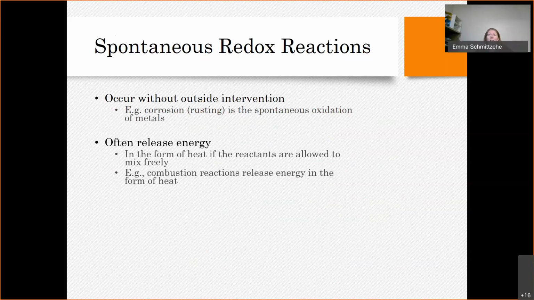But we can perform these spontaneous redox reactions in different types of setups where we can harness that energy. Instead of losing it as heat, we can harness it in different ways. Okay, and that's what we want to talk about a little bit.